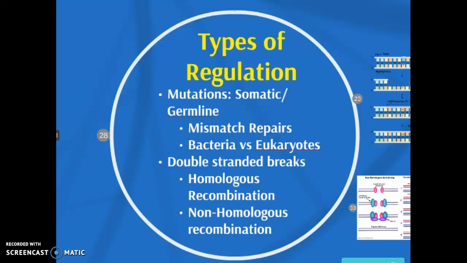A big repair mechanism that is discussed is mismatch repair. The DNA repair mechanism known as mismatch repair is fixing mistakes caused by DNA polymerase. These errors are caused within bases that are not correctly paired with one another.